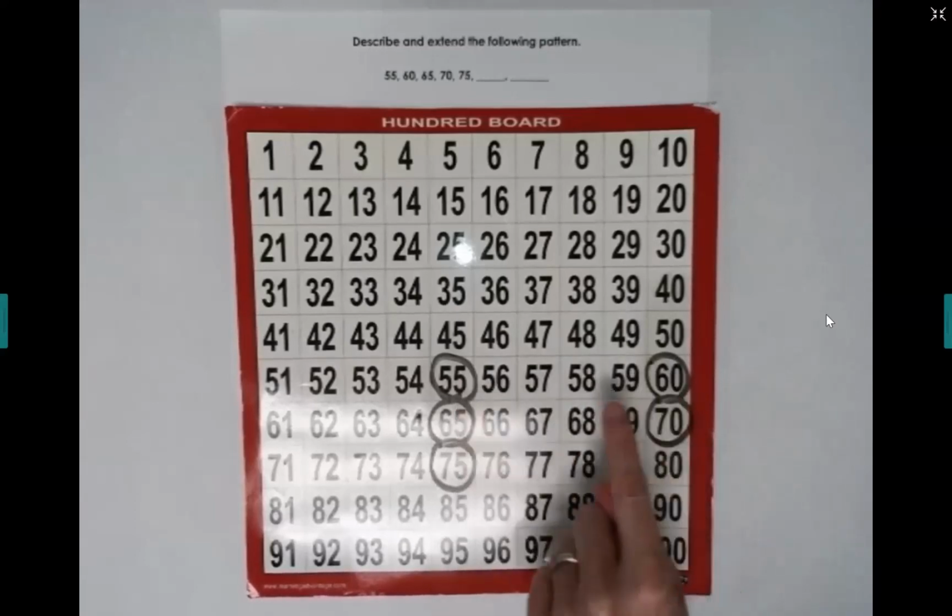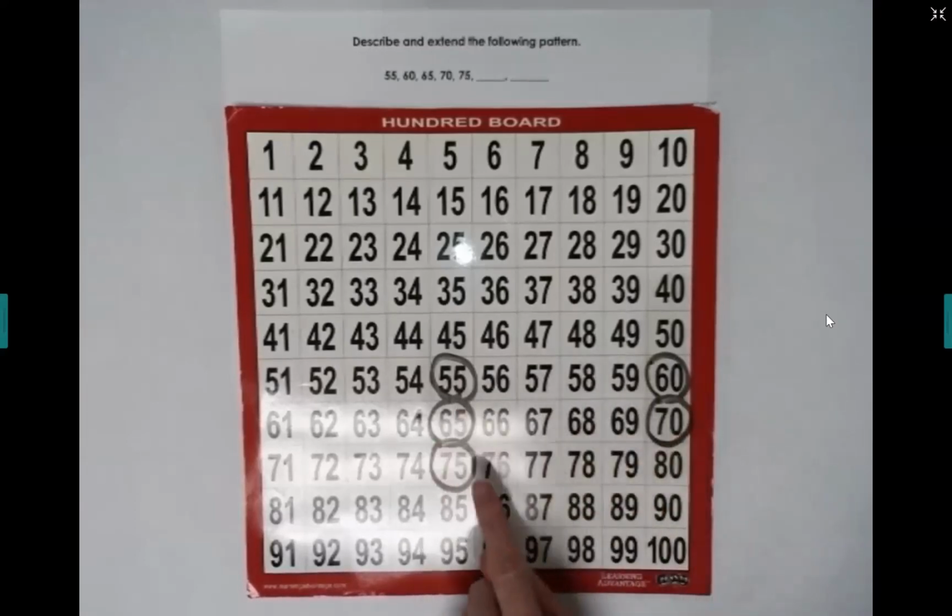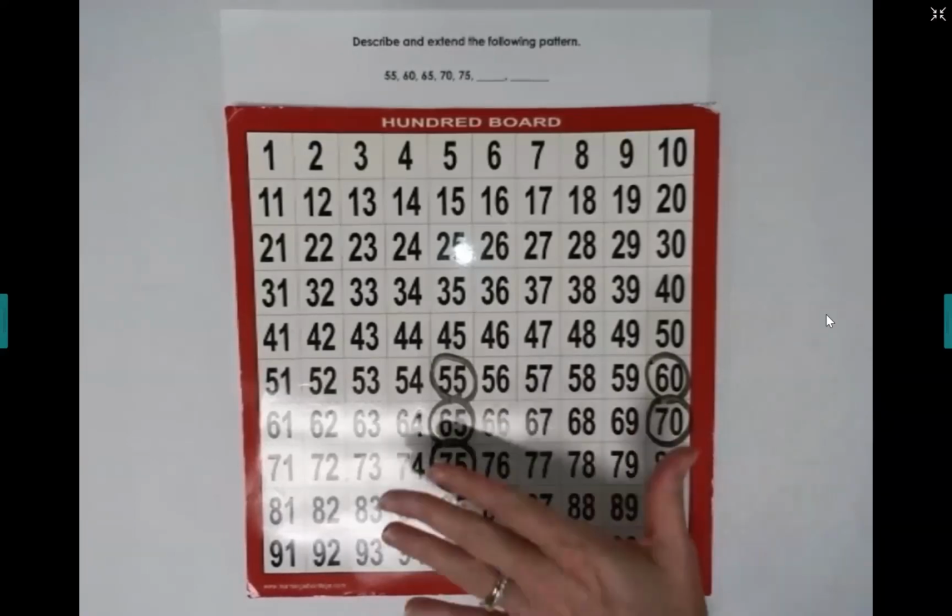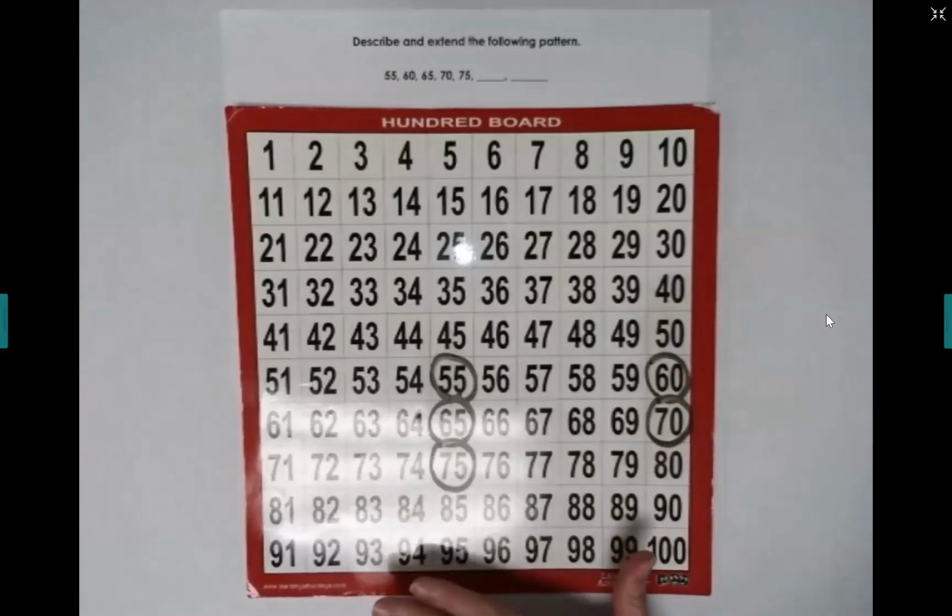Okay, so the first thing I'm noticing is that in this pattern, the numbers are increasing. They are getting larger. So I can use that place value understanding that I have to recognize that, because the 10s are increasing as I go throughout my pattern, or maybe I'm just visually noticing that I'm moving down my hundreds chart, and that might give me that cue that these numbers are increasing or getting bigger or larger.